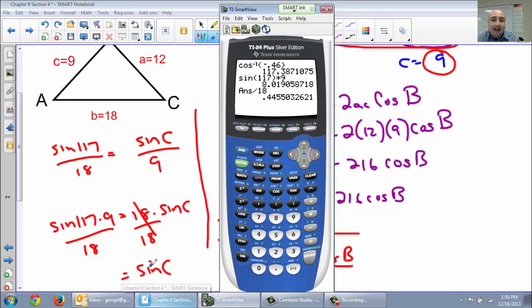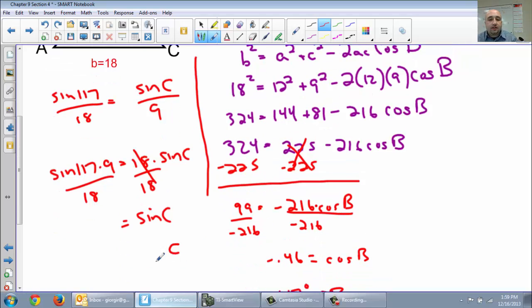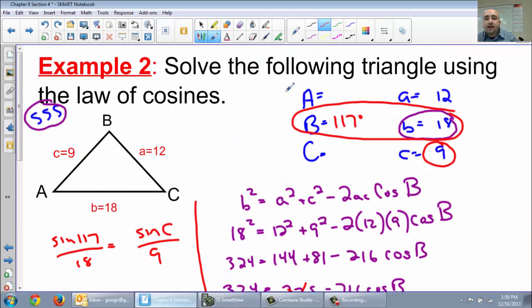And remember, I want the angle C, so I have to do second sine 0.45. Enter. 26.7, so 27 degrees. So C is equal to 27 degrees.